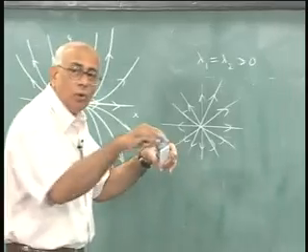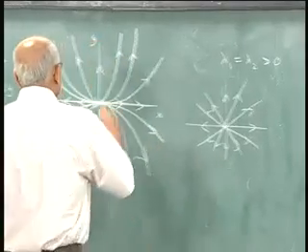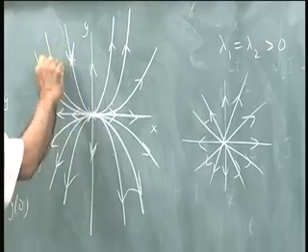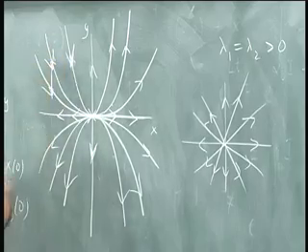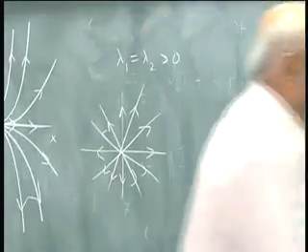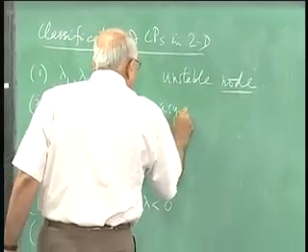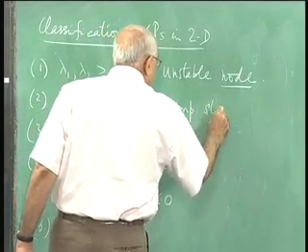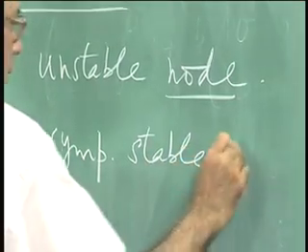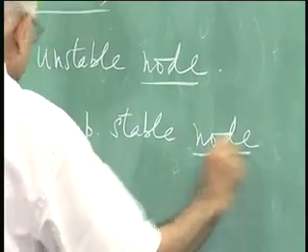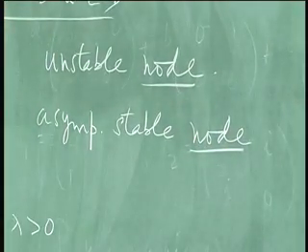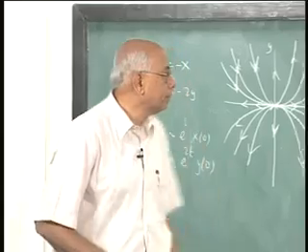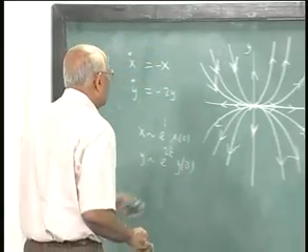So things would flow in and be asymptotically stable, so all arrows reversed, etc. We will not bother to do the rest of it, and this is an asymptotically stable node in this case. Let us look at case 3, which is interesting.